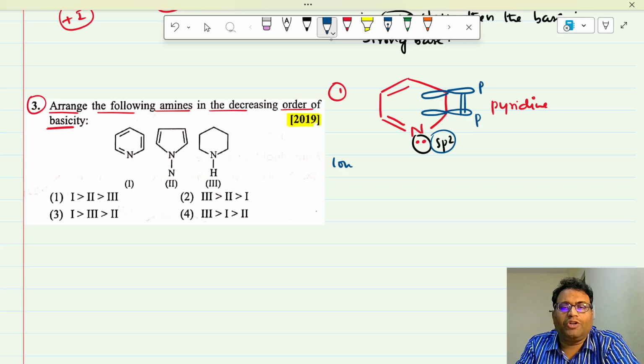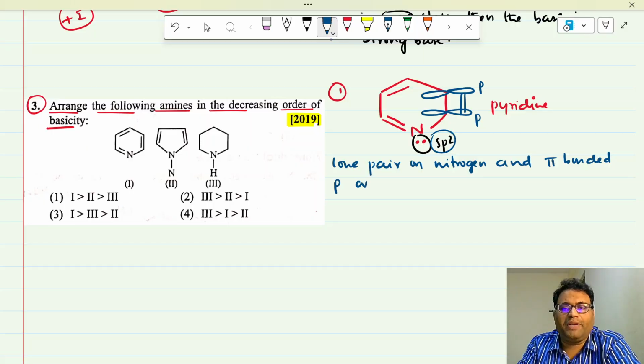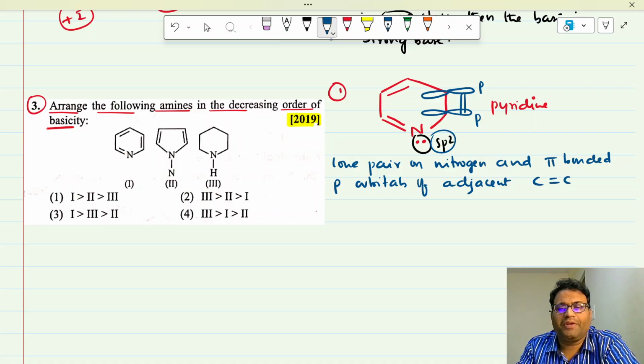So the lone pair on nitrogen and the pi bonded p orbitals of the adjacent C double bond C are perpendicular to each other. If they are perpendicular to each other, then is delocalization possible?